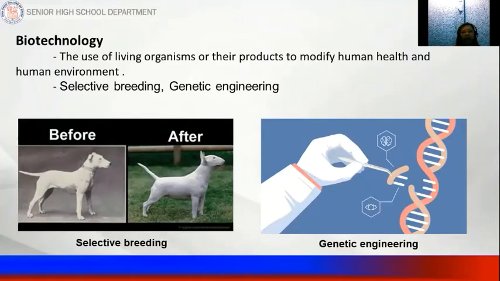Biotechnology means they are going to modify human health for studies or experimentation, if allowed, or whether it is possible to modify a particular species or organism. Okay, but somehow not everything is allowed. So there are laws that they are going to follow, especially the scientists, because they are the ones to do the experiments.